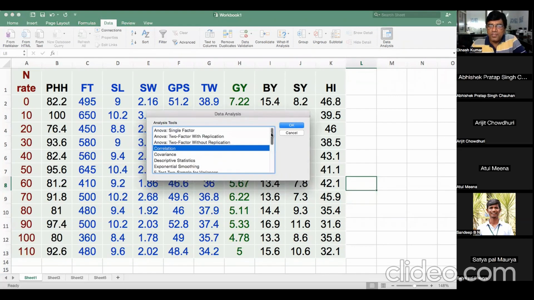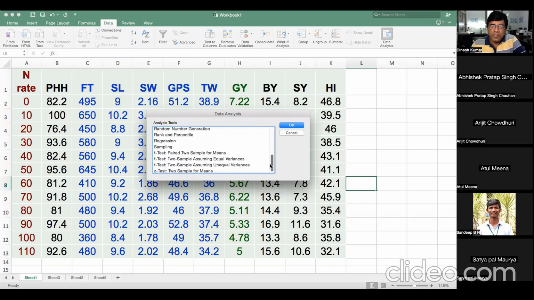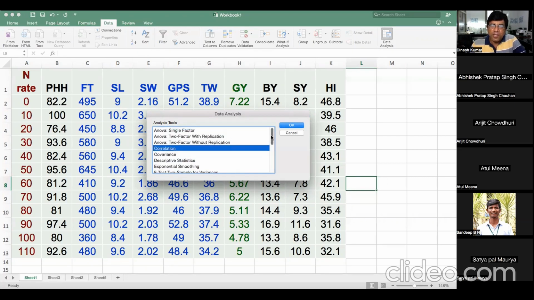There are many options here: ANOVA single factor, ANOVA two factor, covariance, descriptive statistics, sampling, t-test paired, t-test or z-test, and regression. These are the options in the free version of Excel.